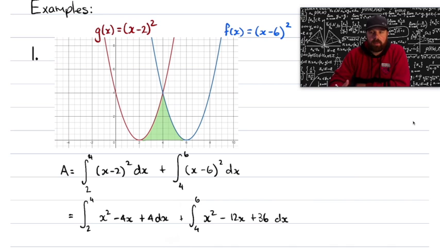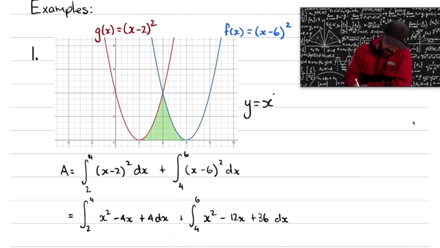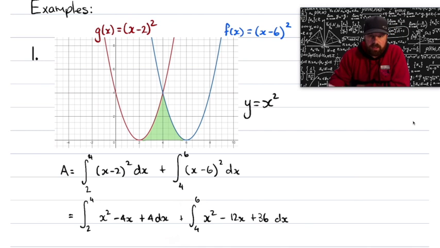If we come back up and look, both curves are just y equals x squared, but they've both had a horizontal translation applied to them. We've shifted them all to the right. Like g of x has been shifted right 2 units, and f of x has been shifted right 6 units.